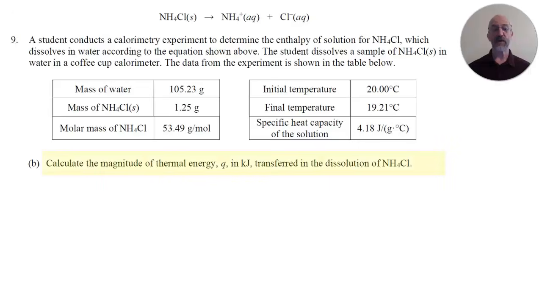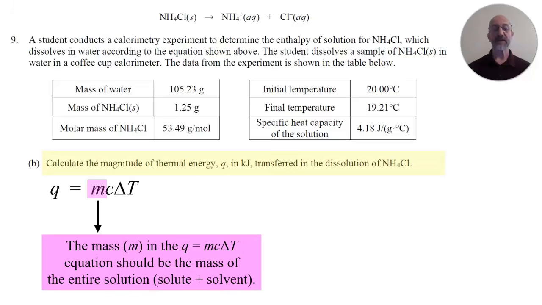So if you're doing a calculation involving Q equals mc delta T to calculate the magnitude of thermal energy that is transferred in the dissolution of a solid, you don't use the mass of just the solid. You don't use the mass of just the water. You add them together. So in this mc delta T, the m should be the mass of the entire solution.